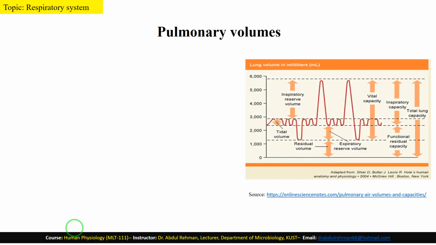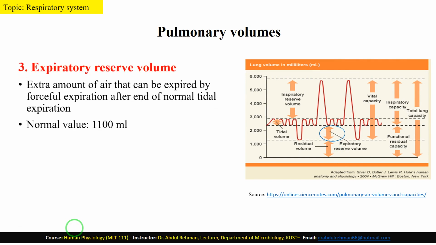Besides this, there are other pulmonary volumes, like expiratory reserve volume. Expiratory reserve volume indicates that after normal tidal expiration, the extra volume of air that is expelled from the lungs is called expiratory reserve volume, and its normal value is 1100 ml.